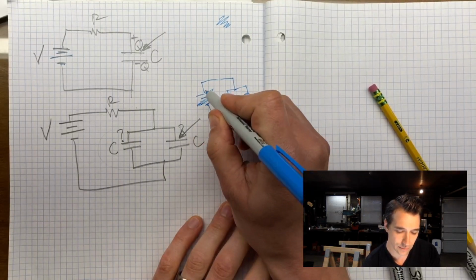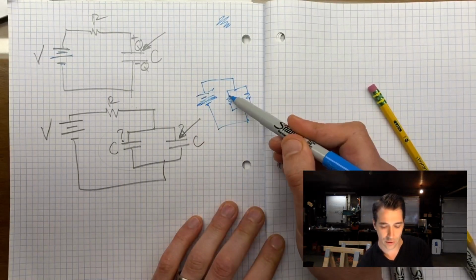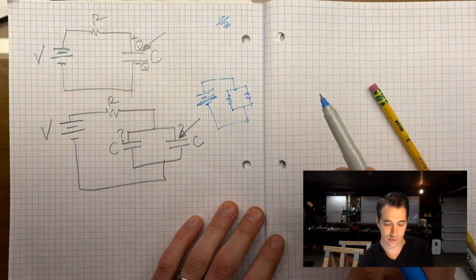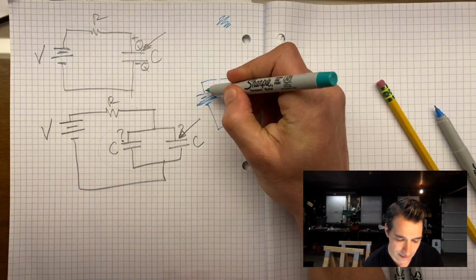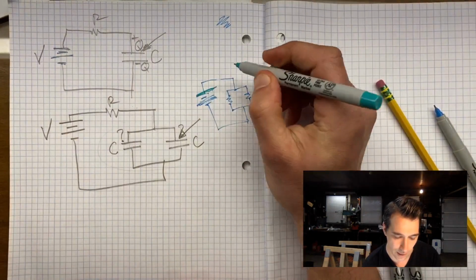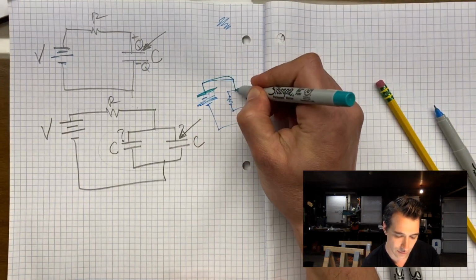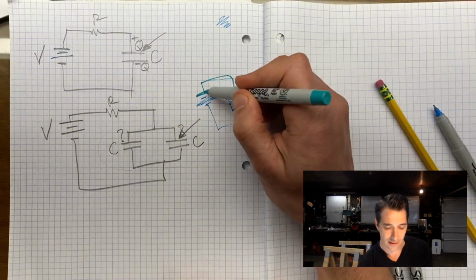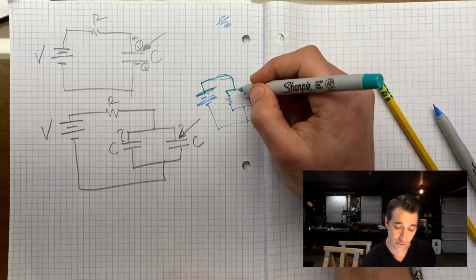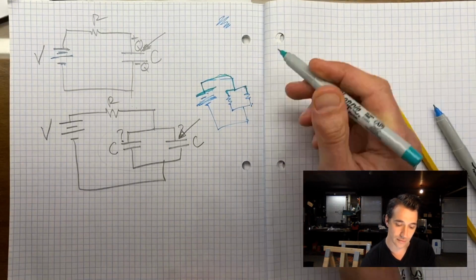If I asked you what is the voltage across this resistor, or what is the voltage across this resistor, you might just be able to see that the positive side of the battery is directly connected to one of the resistors. In fact, that positive side of the battery is also directly connected to the other resistor.